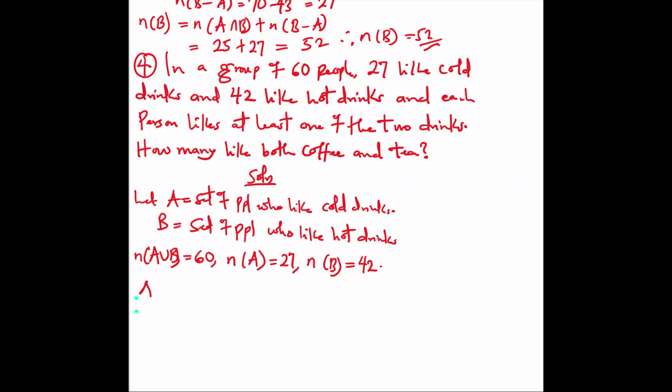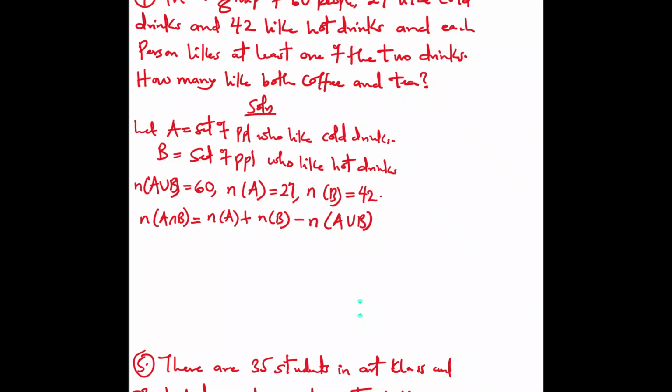But now let's make the number of A intersection B the subject of the formula. In that case the formula will be like this: number of A plus number of B minus number of A union B. So the number of A is 27, and the number of B is 42.